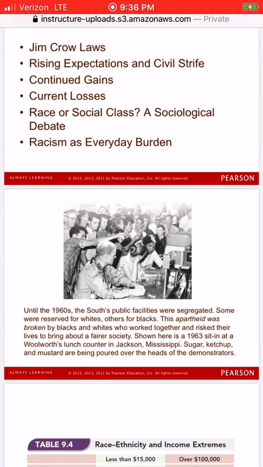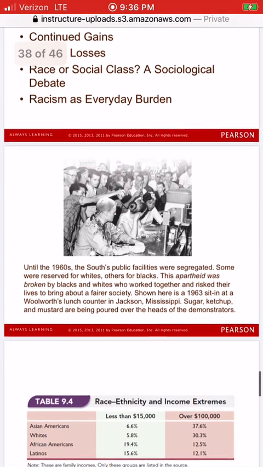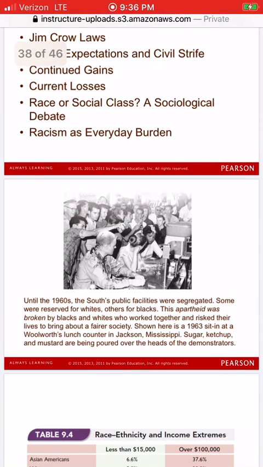And some of these individuals were white, some were of African American descent. You can see that they were attempting to protest the segregation that was occurring in the South. And so this was very much a system that was broken in a sense.